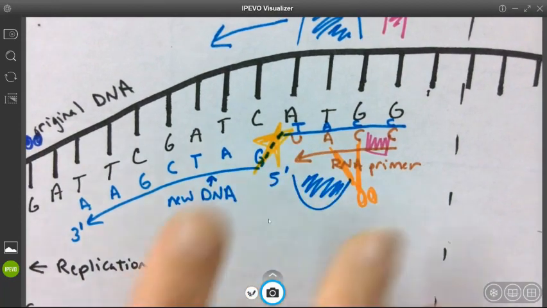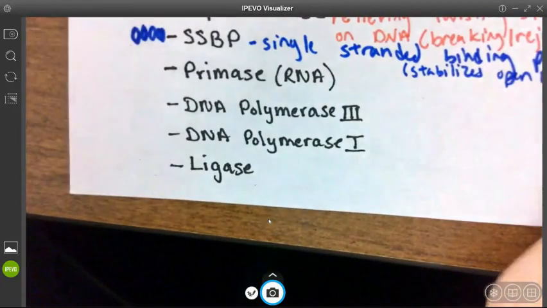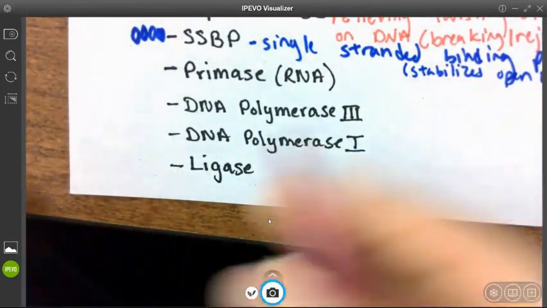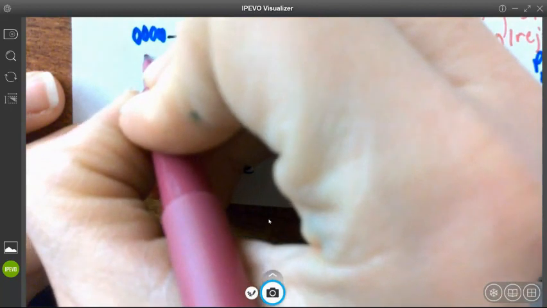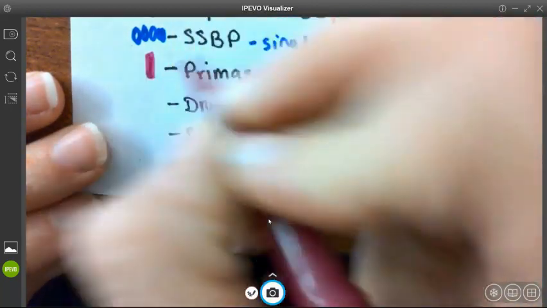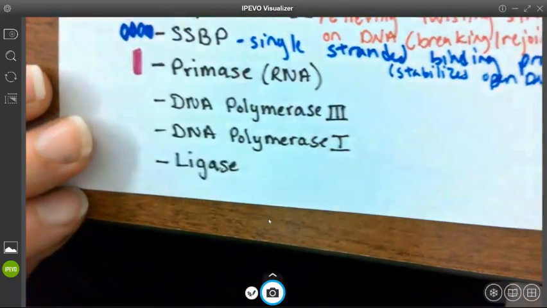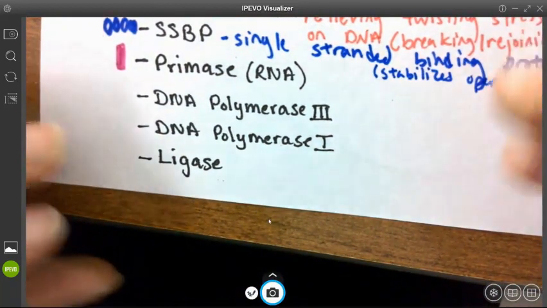So let's write down what all these different enzymes do that we just drew a picture of. So first, we have our primase. Sometimes it's called RNA primase. Primase is going to add RNA nucleotides to the DNA.